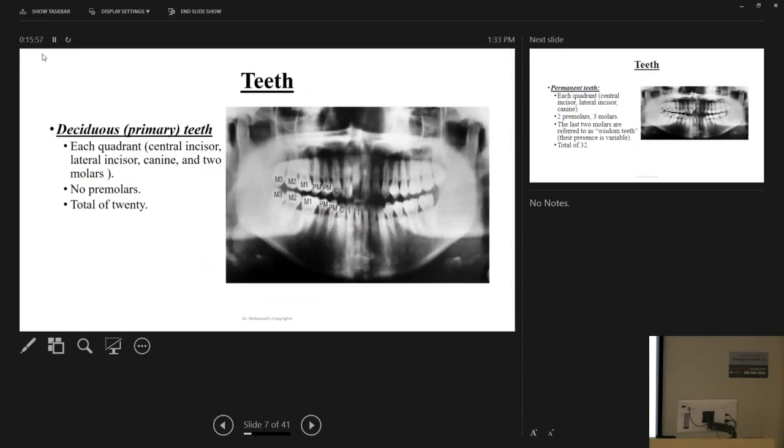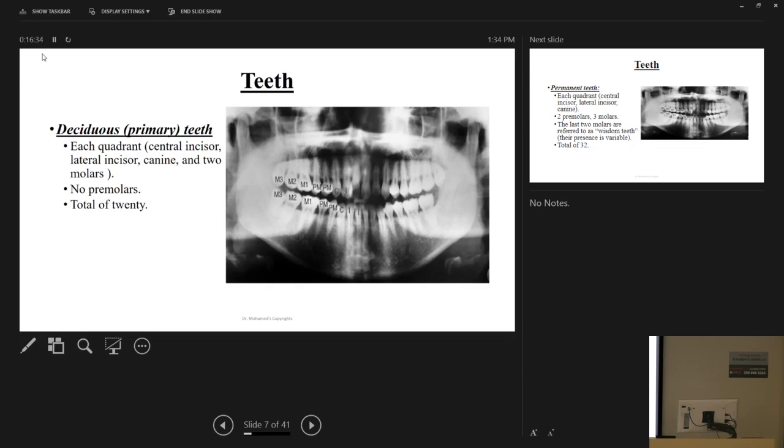Now the teeth. We have two types of teeth. Small children have the deciduous or primary teeth. Each quadrant contains only the central incisors, the lateral incisors, and then the canines. When they have their deciduous teeth, they don't have premolars.